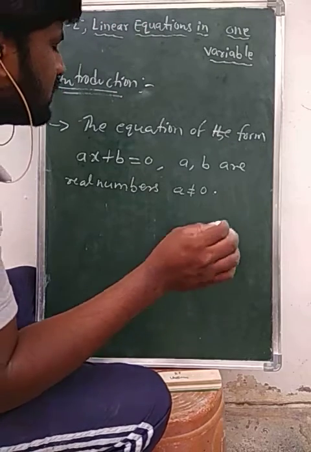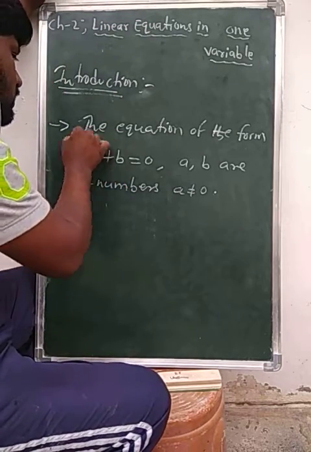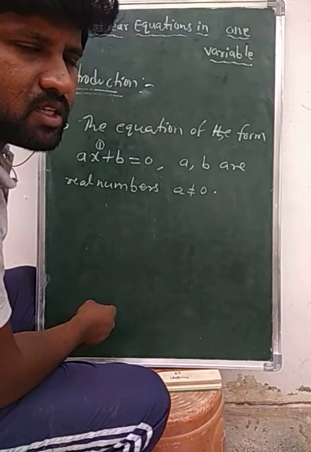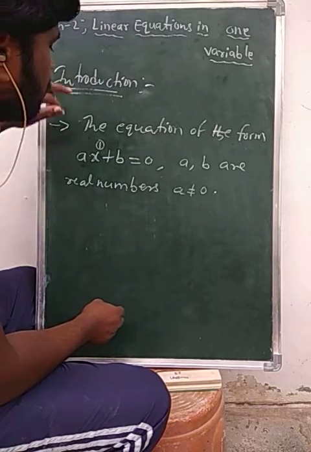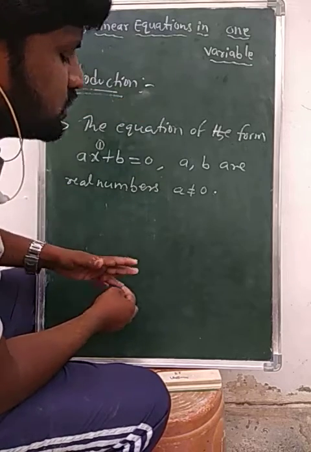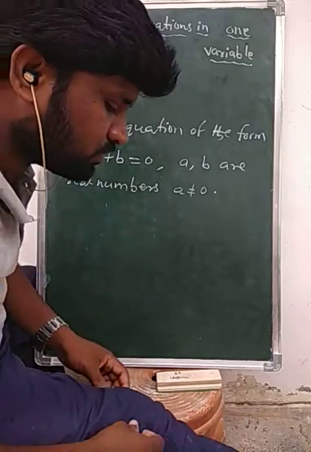Simply, the highest degree is what? 1. The highest degree of the equation is 1, that is called a linear equation with one variable.